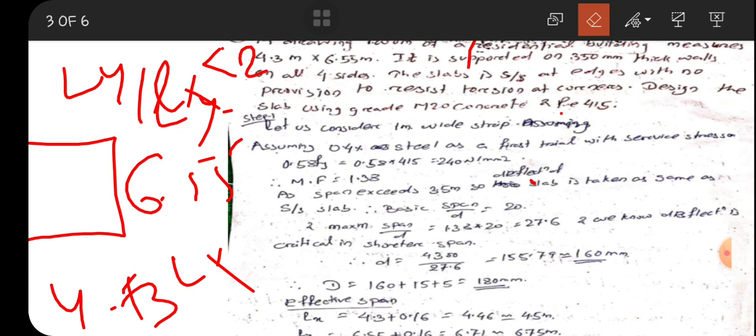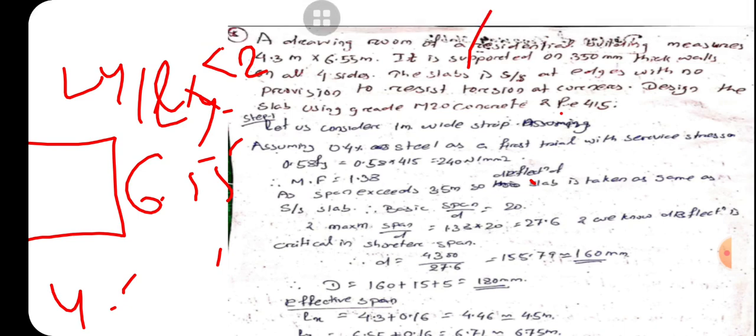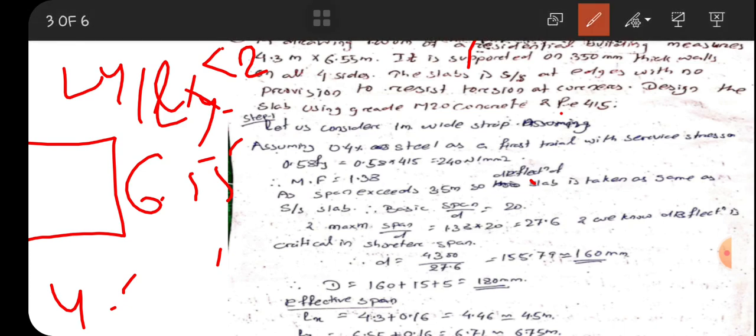Then we will assume its depth from the service stress criteria by assuming the percentage of steel as 0.4%, and the modification service stress at 0.58 fy. The modification factor from figure 4 for Fe415, we can calculate it as 1.38.